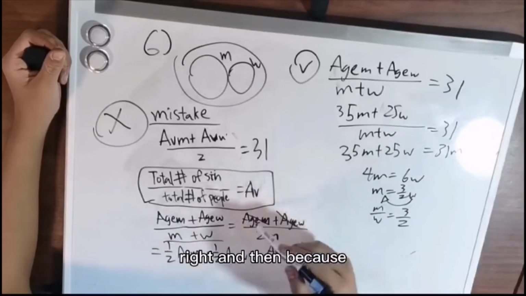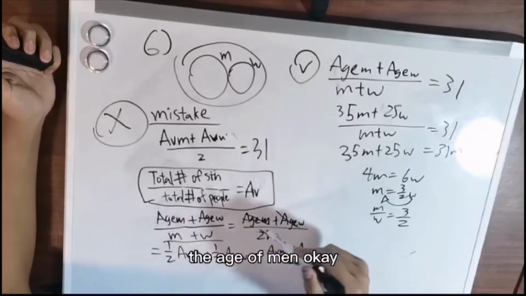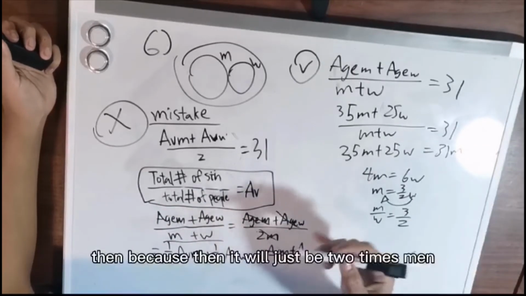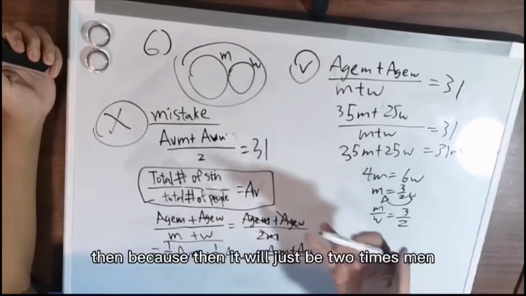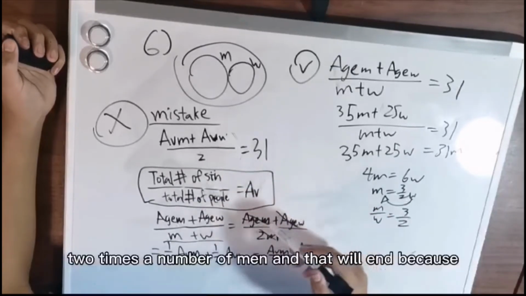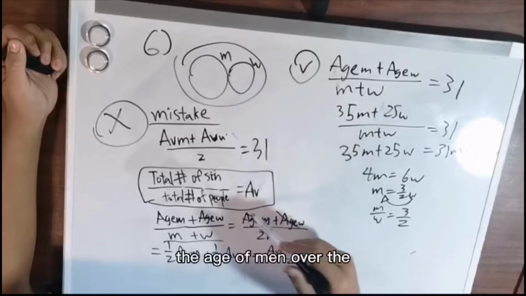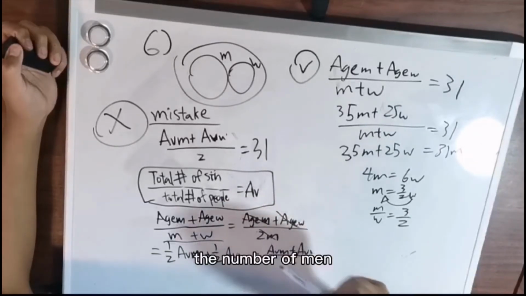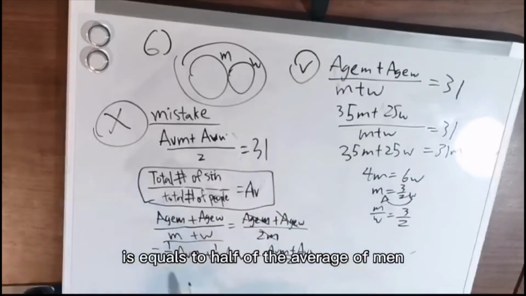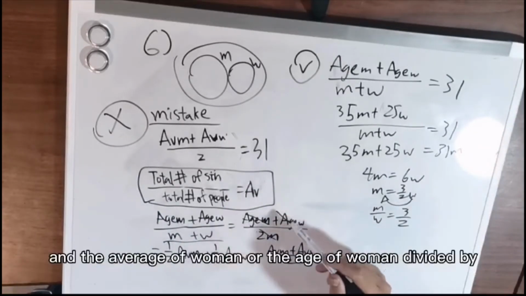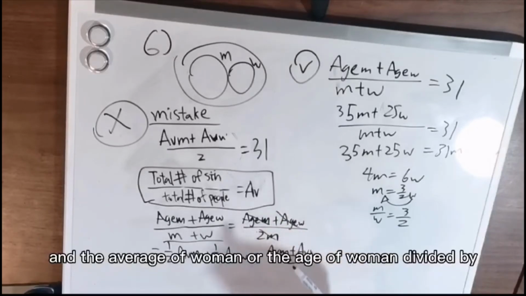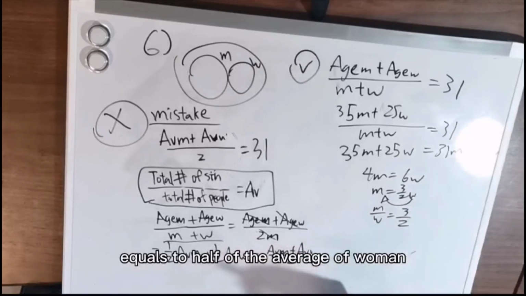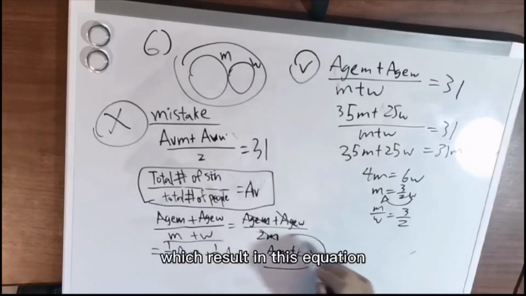Because the number of men equals the number of women in this scenario, the denominator will just be 2 times the number of men. The age of men divided by the number of men is the average of men, and the age of women divided by the number of men is the average of women, which results in this equation.